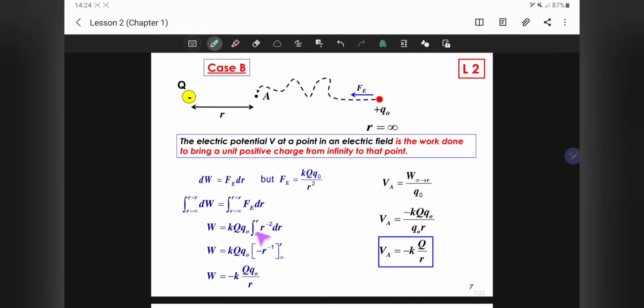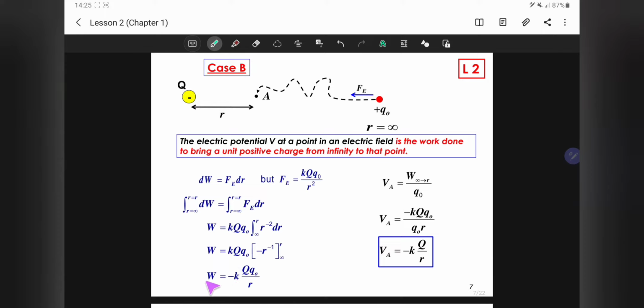So by integrating R to the power of negative 2 with respect to R, you will get this again, between R and infinity. By doing the same thing as before, you will get positive 1 over R, isn't it? So positive 1 over R times negative 1 over R. Substitute into this equation, giving you negative work.